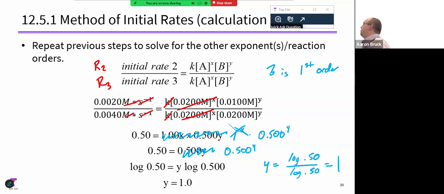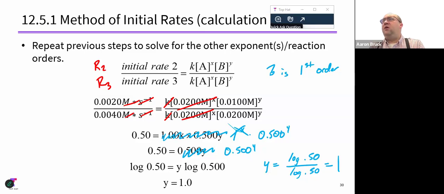So like I said, this is the way to do it mathematically. And you can see when the numbers are simple, it makes no sense to go through and do all this logarithm nonsense because you can see where it's going before you even get to the log stage.